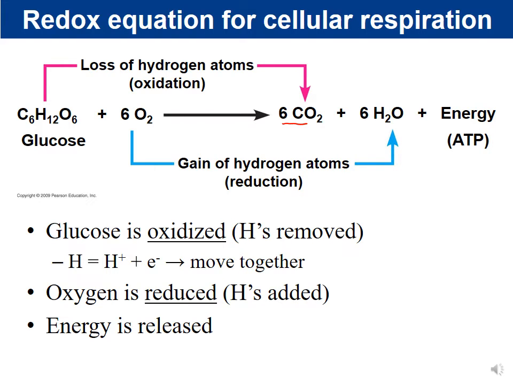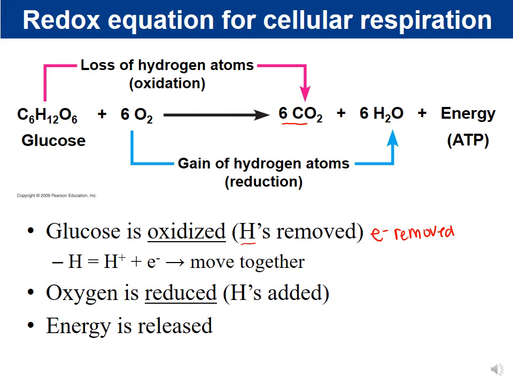It's going to lose electrons and lose hydrogens. Remember in lab that I told you that one of the things you can do to follow whether it's an oxidation or reduction is to look at hydrogens. So if hydrogens are removed, that means that electrons are removed, because a hydrogen is going to be an H plus and an electron, and they're going to move together.